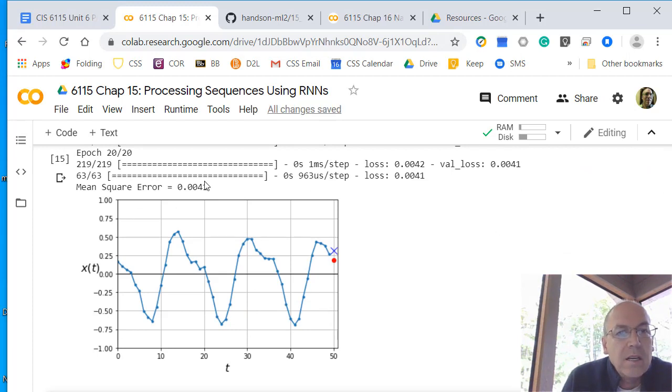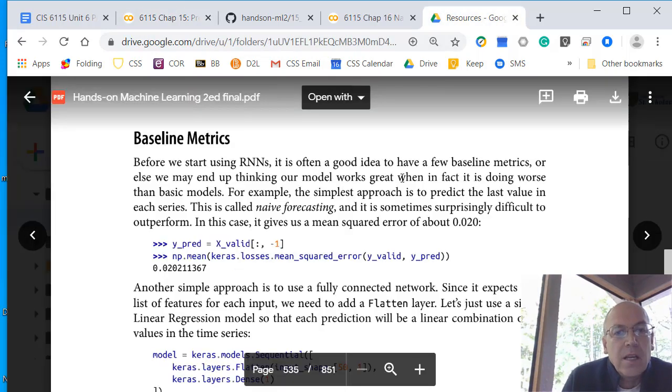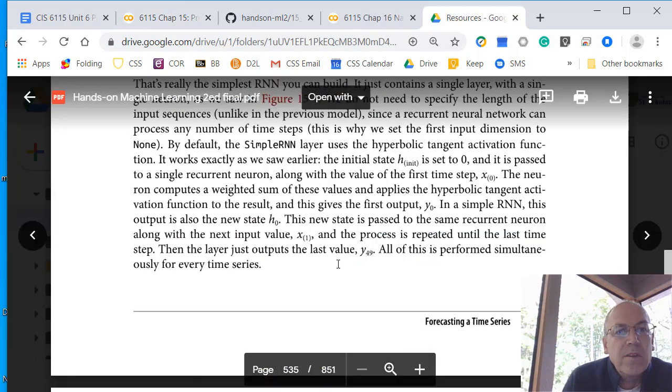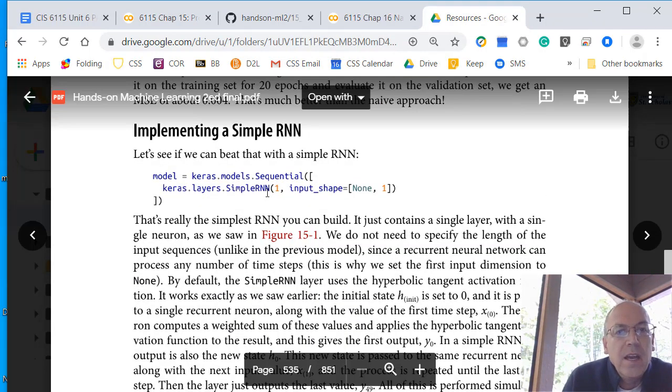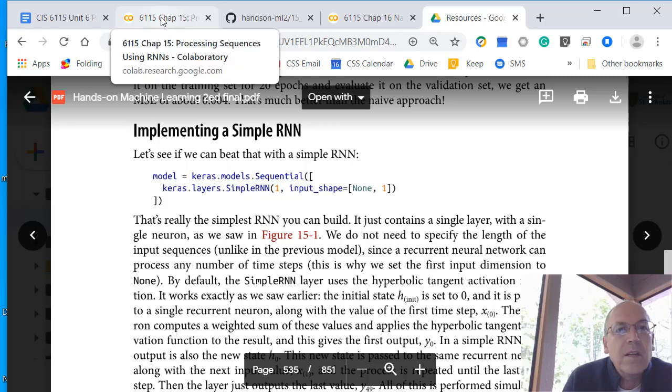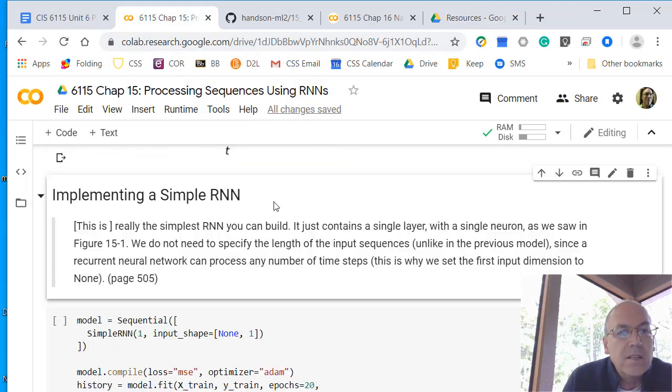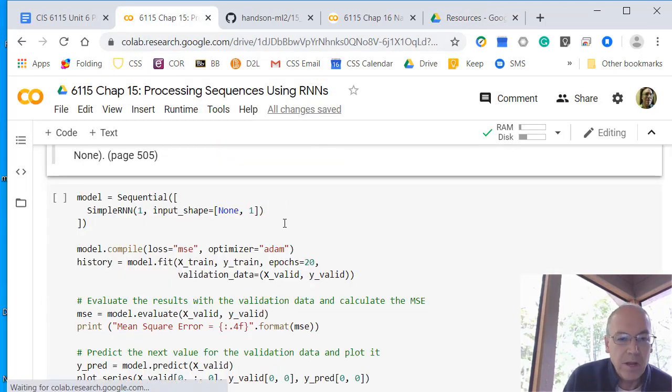That has again a relatively small error in how it predicts versus where the actual next value is shown here. Like I say, in the textbook, they go over these baseline metrics, and then they talk about implementing a simple RNN and setting that up.